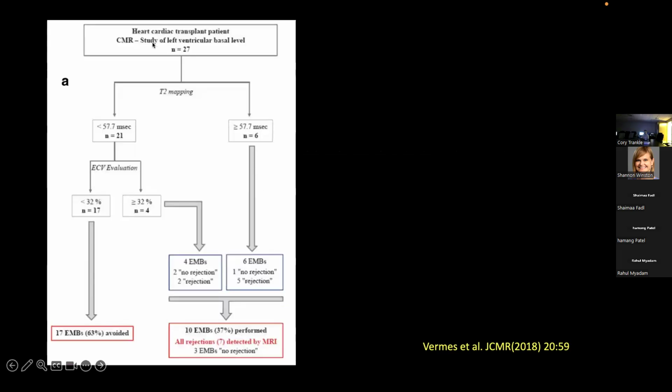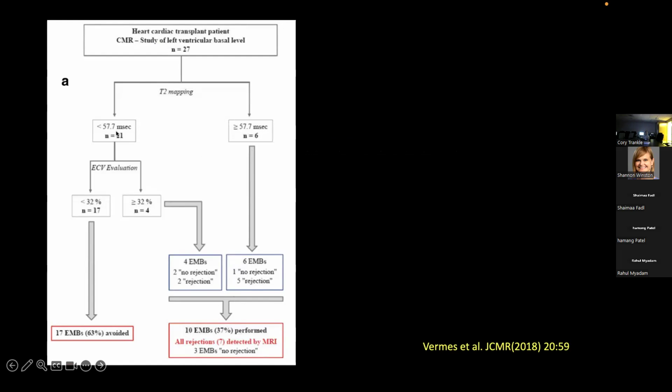They used that algorithm. They included 27 patients. They started with T2 mapping. Patients with T2 higher than 57 on 1.5 Tesla went to endomyocardial biopsy. Most of those patients were diagnosed with rejection, and one patient was not.